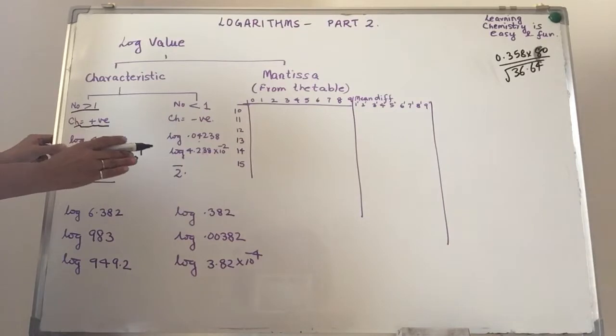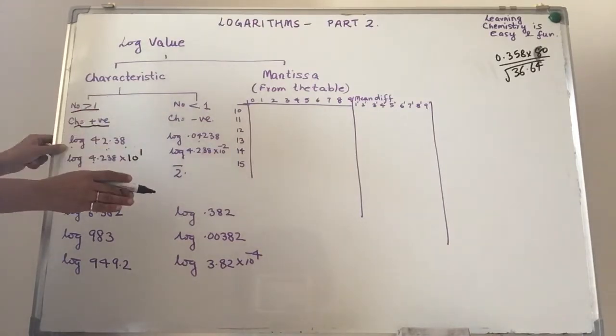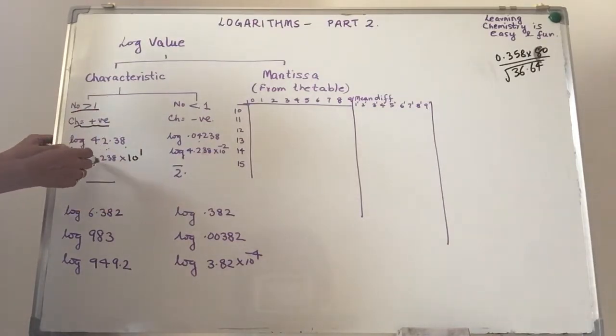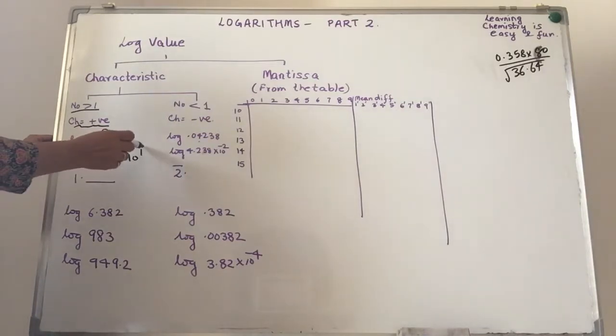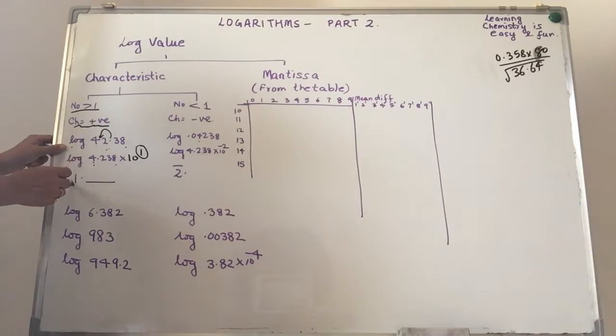I'm not going to use technical terms because I don't want to confuse the students. So 4.238 into 10 to the power 1. I shift the decimal by one place. The power to which 10 is raised here gives me the characteristic. So this becomes 1 point.